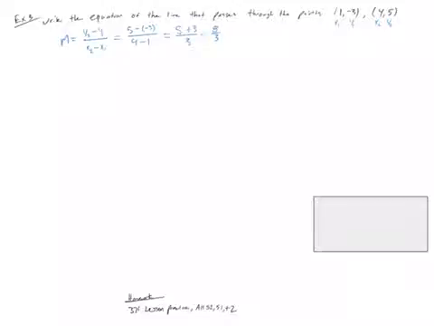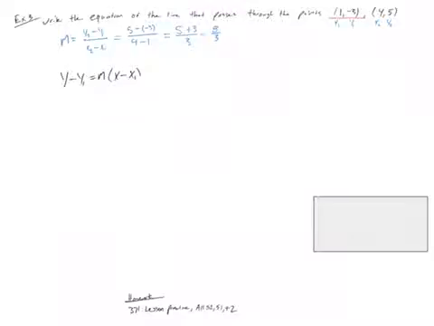Then the next thing I need to do is to use this slope that I just found, and either one of those points. I'm going to use this first point here, and the equation that we just learned. So y minus y1 is equal to m times x minus x1.